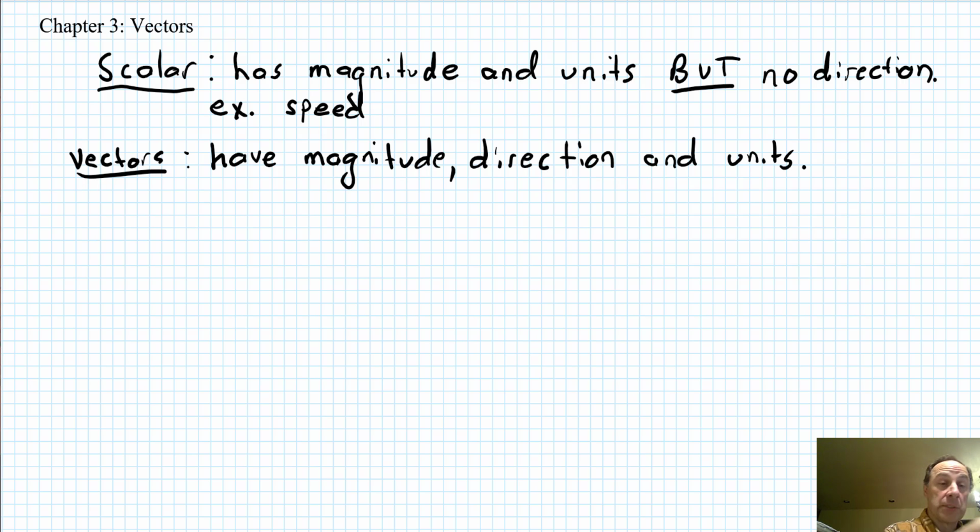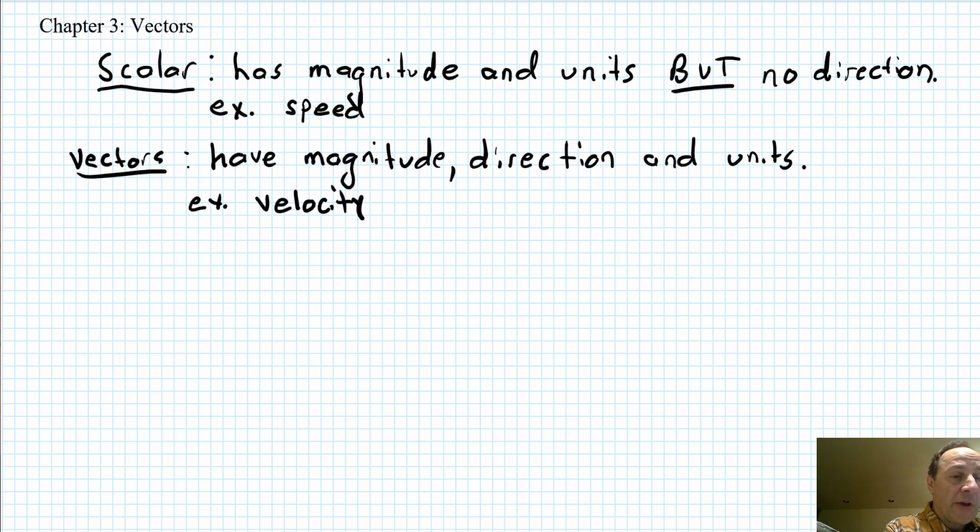For example, velocity. Velocity is a vector. The magnitude of velocity is speed, which is just how big the vector is. Right?